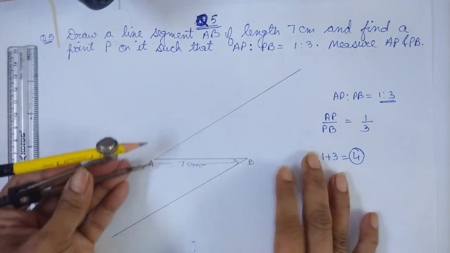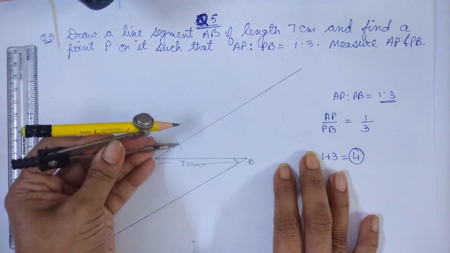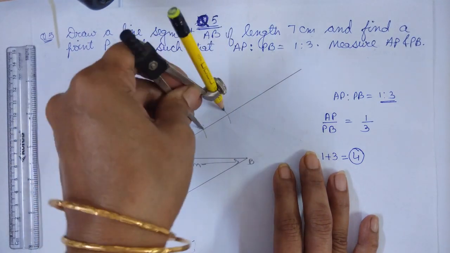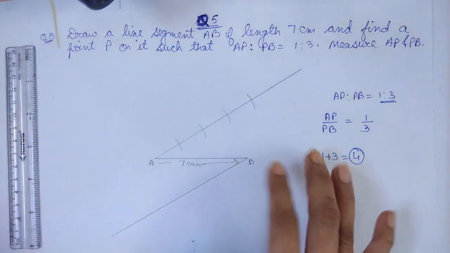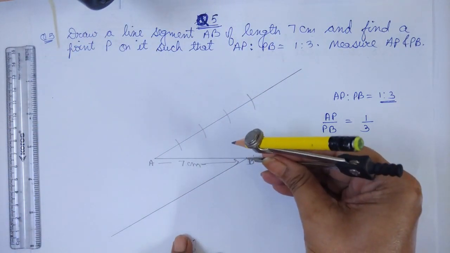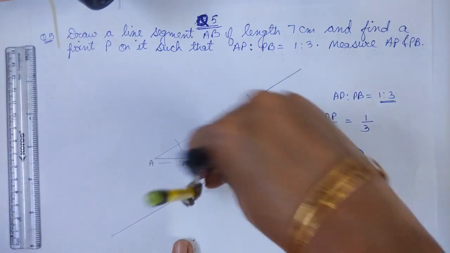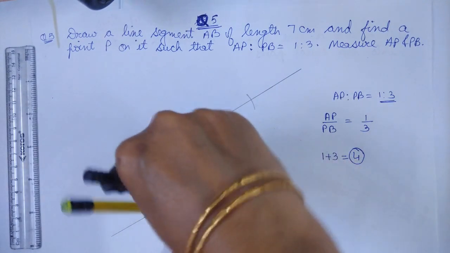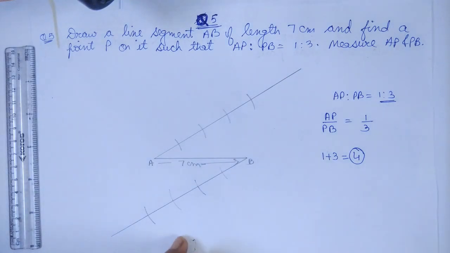As I have told, don't change the measurement, whatever you take. With this same measurement, keep the compass needle on point B and make the divisions like this.